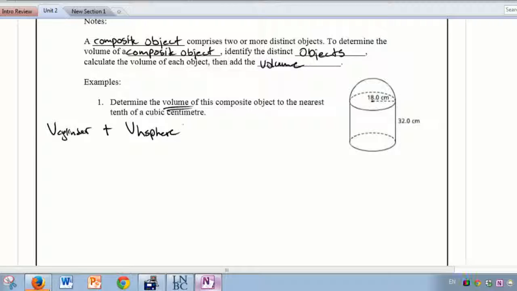The volume of a cylinder from our formula sheet is given as the area of the base times the h. And the base is just a circle. So pi r squared times the height. The hemisphere is 4/3 pi r cubed, but we're going to take half of it. So 1/2 times 4/3 pi r cubed.